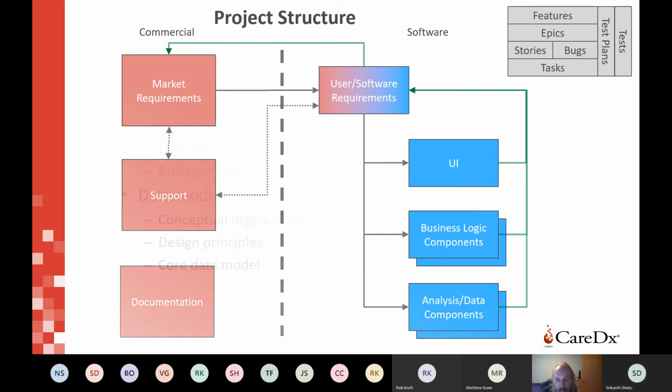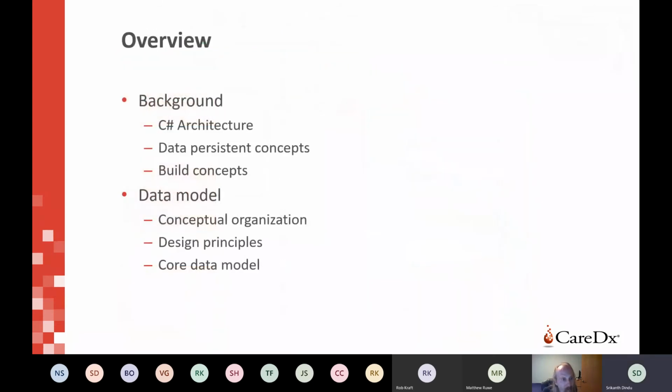And coming to the technology side, we have few applications, few products basically, which are in C++ and VB. So there are kind of old 10 and 15 years old applications. So we are migrating them into C# and Entity Framework Core.